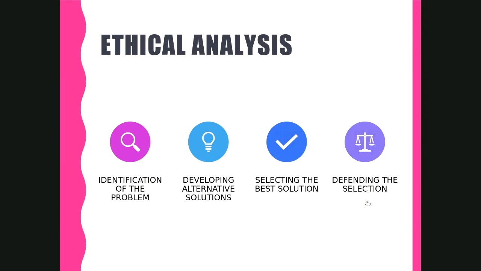So in ethical analysis, first you identify the problem, you come up with solutions to that problem, you select the best solution based on the problem, and then you have to be able to defend your selection. When you defend your selection, you can explain why your decision is justified. And typically what we do when we're defending it is you want to use things from the code of ethics. That's your best source to defend why you chose to do something.